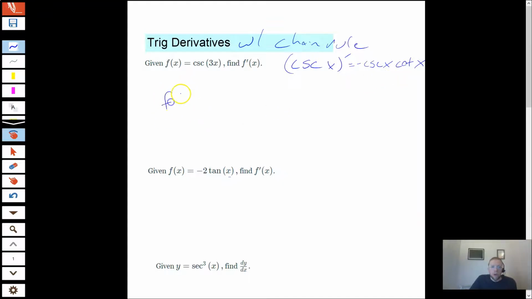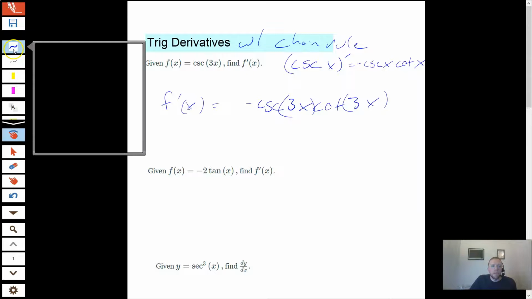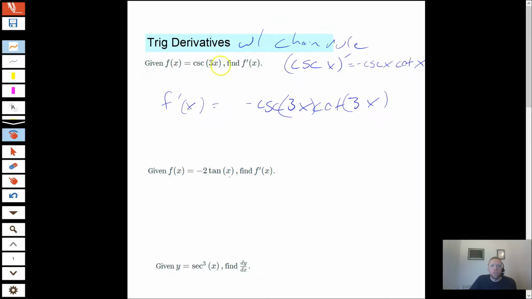So in this case, f prime of x is negative cosecant 3x cotangent 3x. It's best to write those in parentheses. And then if you're thinking this, you're close, but you need to do chain rule. So notice 3x is a function inside there. So negative 3 goes in front because that's the derivative of the inside.